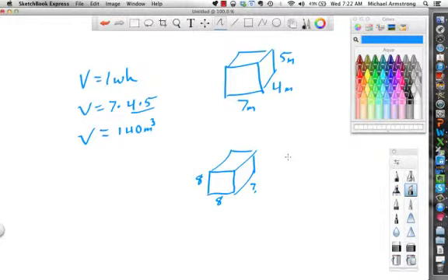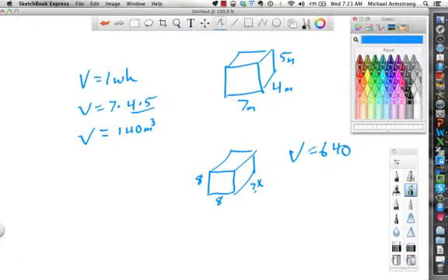And I'll use something easy: the volume is equal to 640. Okay, and they want us to figure out what x is.